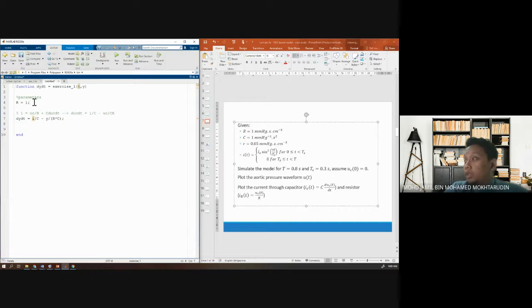You just write the value without the unit, or maybe you can put a comment and give the unit, just to make sure you know the unit of each parameter. So we have defined R and C.